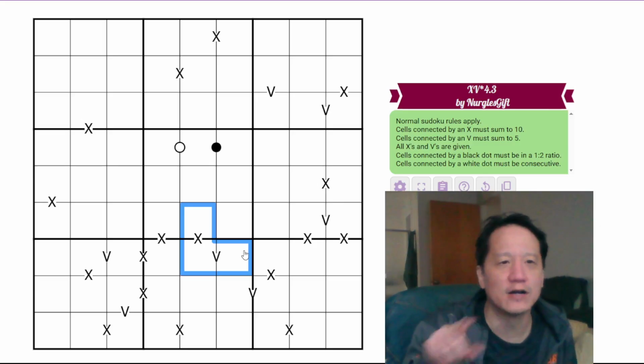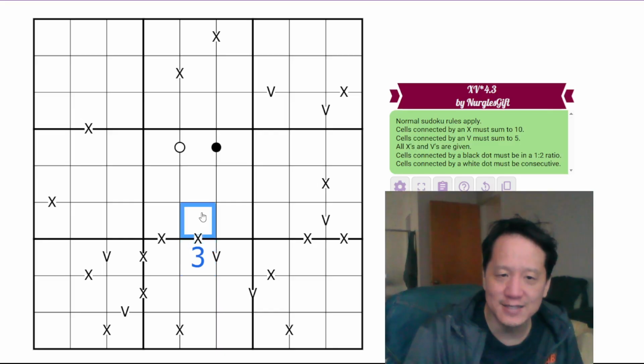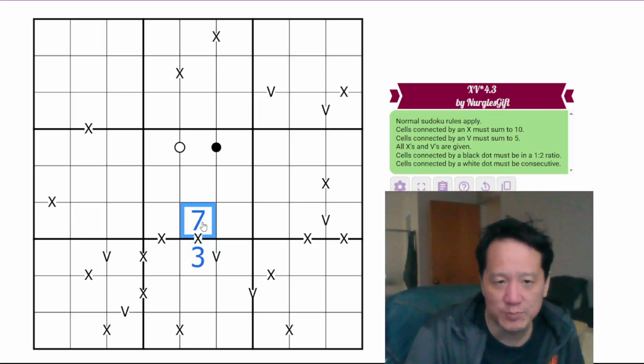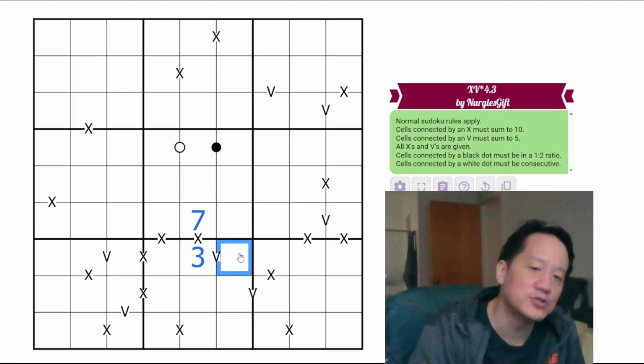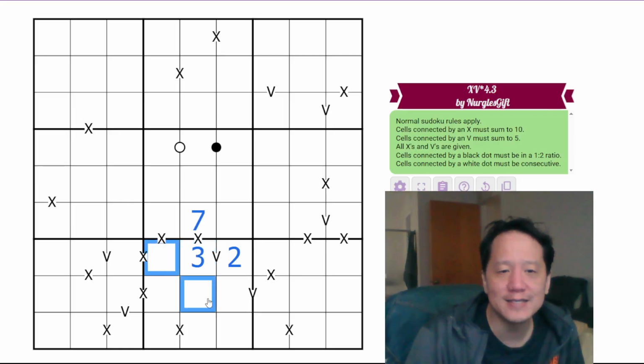Let me give a concrete example. Say this was a 3. One thing we would know is that this digit would have to be a 7 to add up to 10 because there's an X between these. This digit would have to be 2 because there's a V between these. But because we have an absence of X's and V's that connect these cells, therefore these cannot be 2 or 7, right?